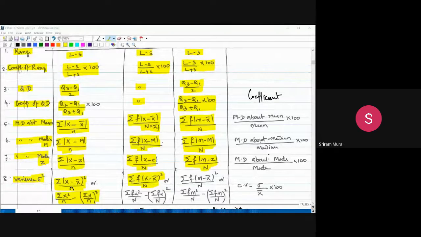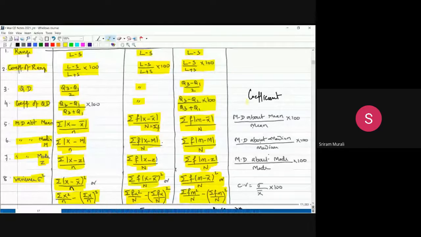The same way, this is for discrete: x square becomes f x square. Now replace x by m, that is for continuous data. Replace x by m, then I will get this formula.